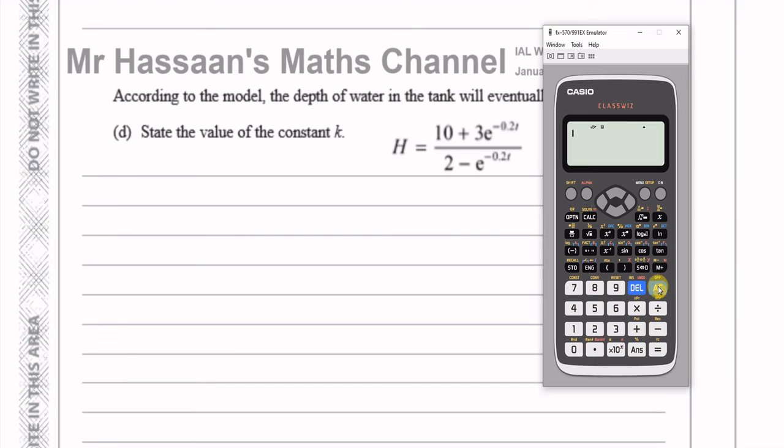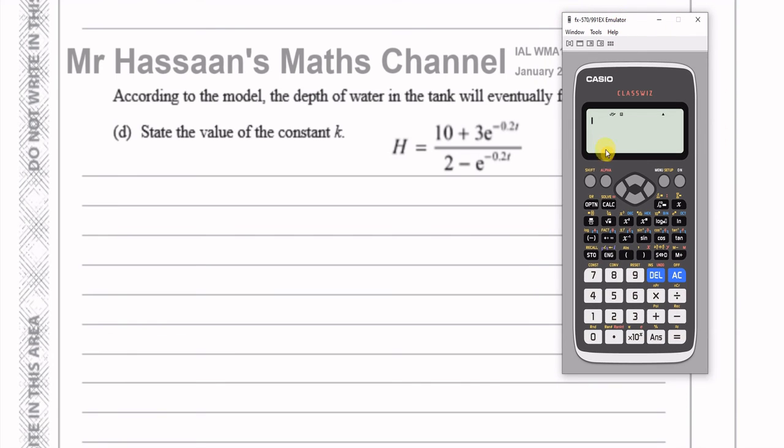So let's take this, and I'm just going to substitute. I'm going to write this exactly as it is. 10 plus 3 times e to the power of, which is this button over here, minus 0.2 times, exactly as it is, but I'm going to put t as a really big number, like 1,000,000.